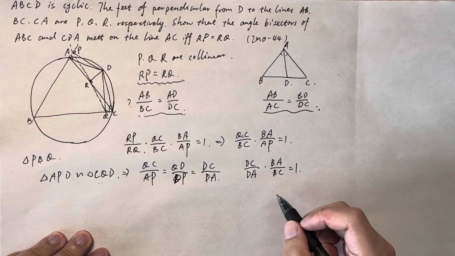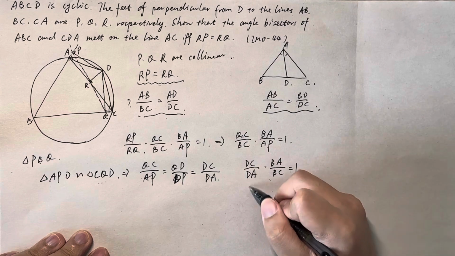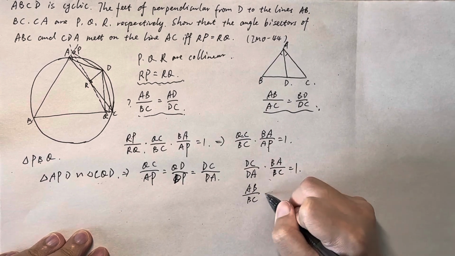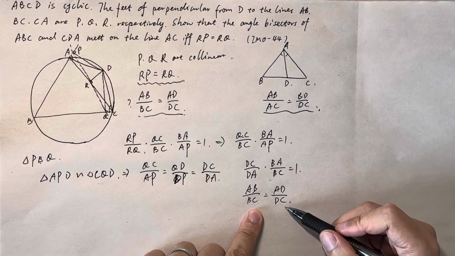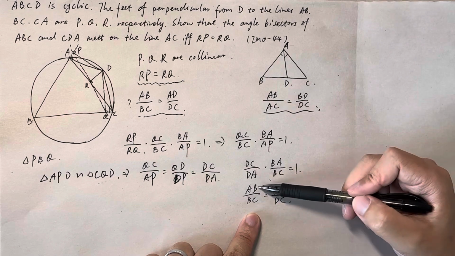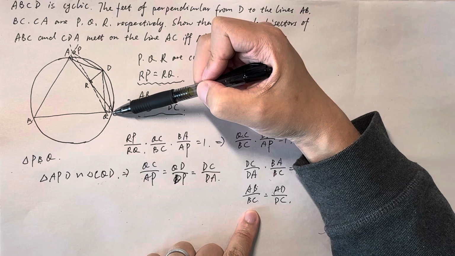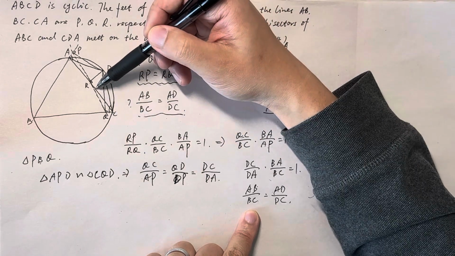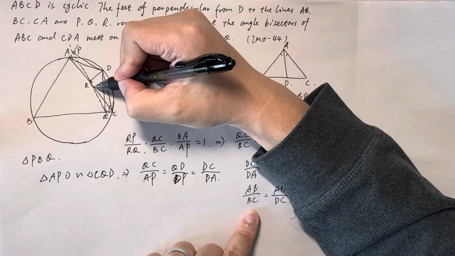And this, look here, we can rewrite as AB to BC equals AD to DC. Because this ratio, the AB to BC ratio, equals the ratio at the angle bisector intersection point.